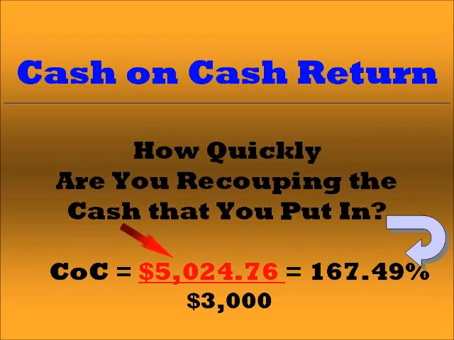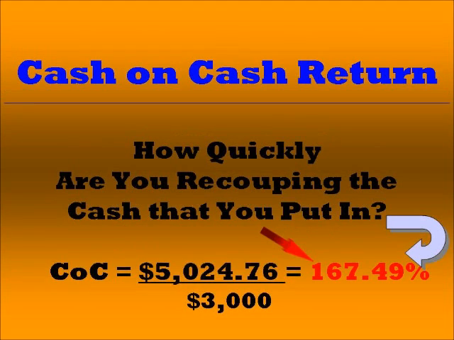But our total cash investment in this example was only $3,000. The rest of this deal was financed. All of it, 100% of it. This means that in this example, we've invested $3,000 of our cash to generate over $5,000 in the first year. This is why the cash-on-cash is so high.